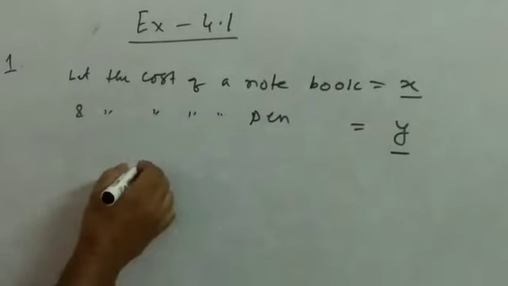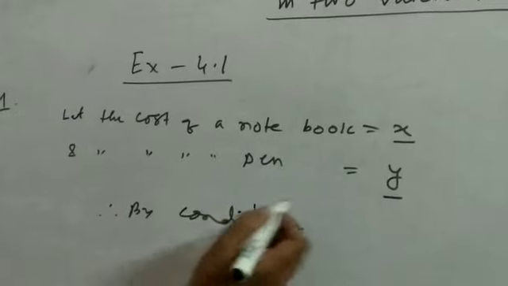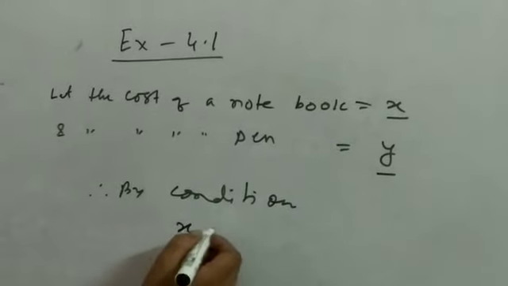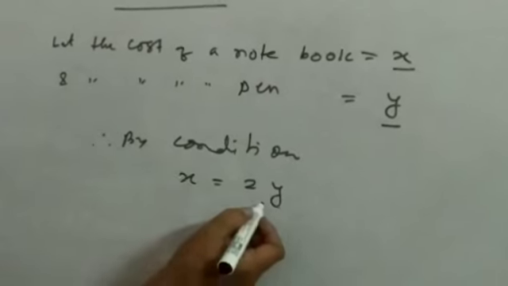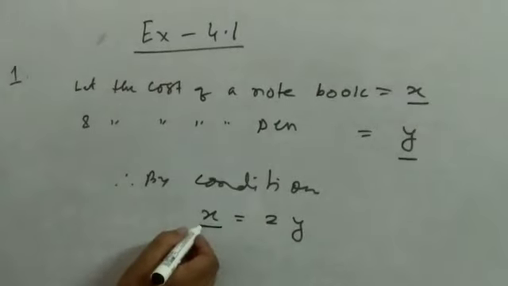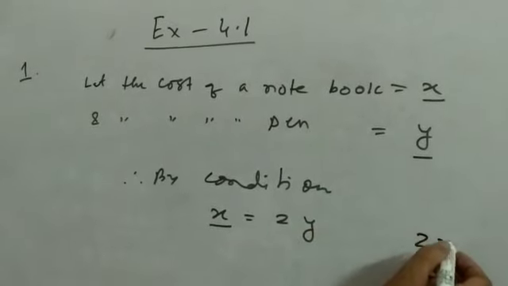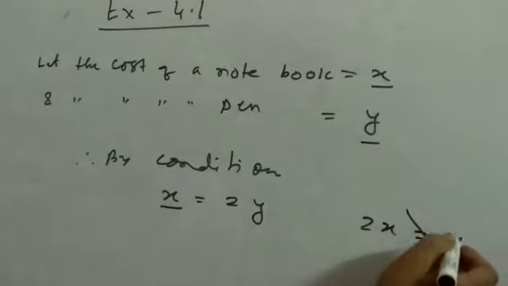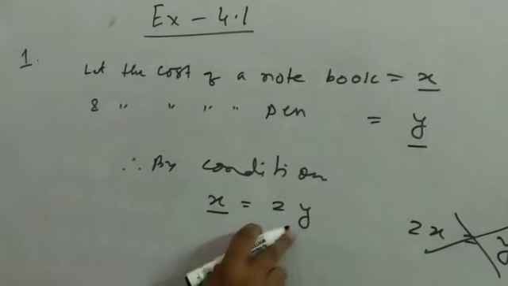So by the condition, we write that the cost of the notebook is twice the cost of a pen. Read again: the cost of a notebook is twice, meaning double, the cost of a pen. So don't write it this way, 2x equal to y. This is wrong. You will form the correct equation.